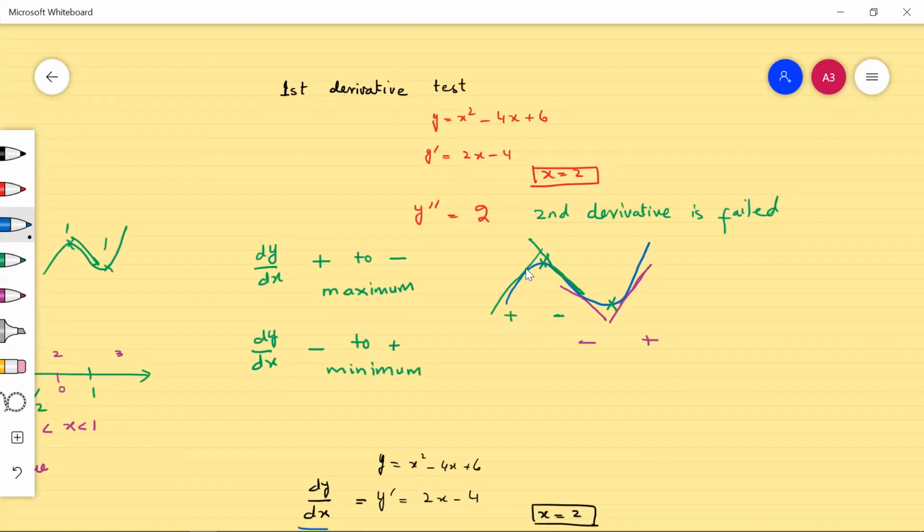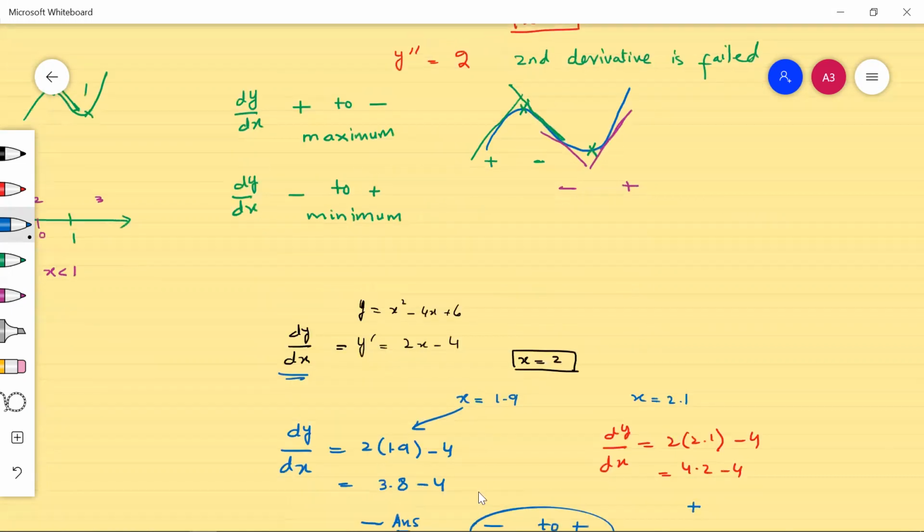If we take a slope or gradient before this point, it will be positive, and after this it will be negative. If the slope changes sign from positive to negative, the point is a maximum, and if it changes from negative to positive, the point is a minimum. So we took some examples.